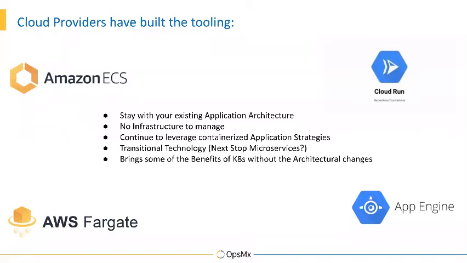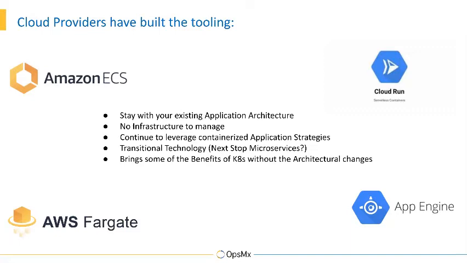And I don't want you to have to wait until you're 100% quote unquote cloud native to be able to benefit from that. You continue to leverage the containerized application strategies. By the way, even if you haven't containerized yet, I can use EC2, or Spinnaker will do all that for you as well.